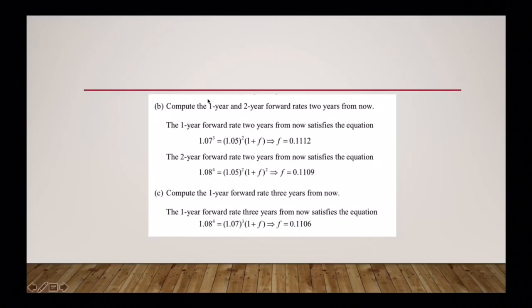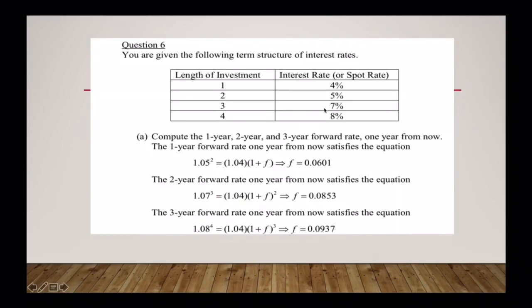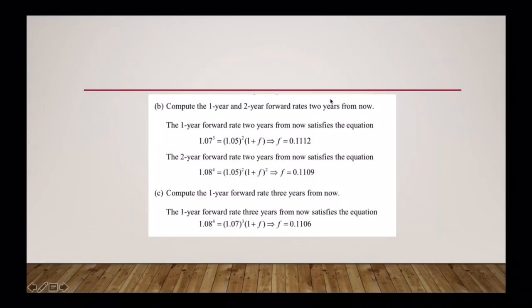For the next one, compute the 1 year, 2 year forward rates 2 years from now. So for the first one, it says 1 year forward rate 2 years from now. Since the forward rate starts 2 years from now, the fixed spot rate would be 5%.